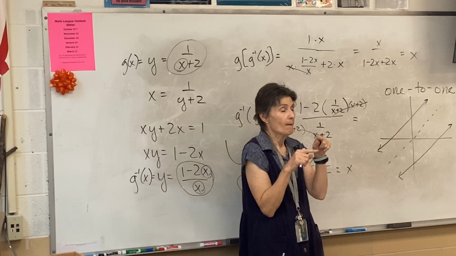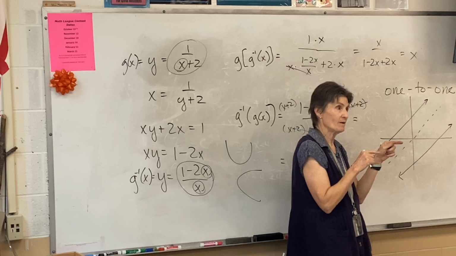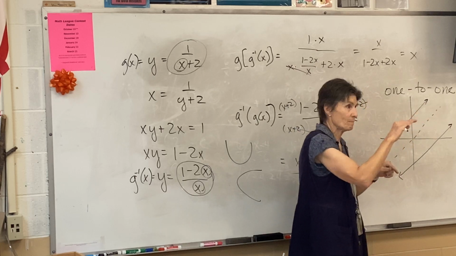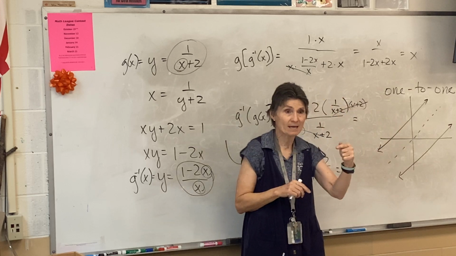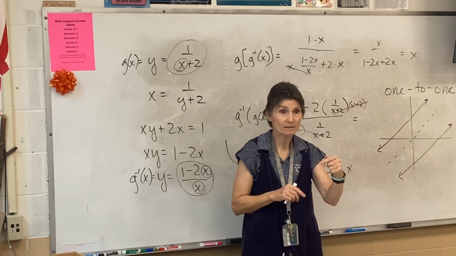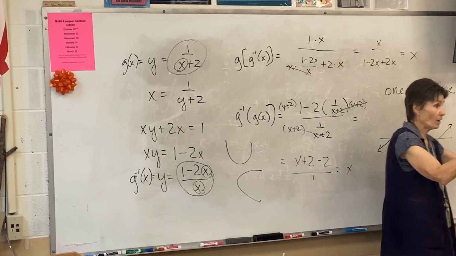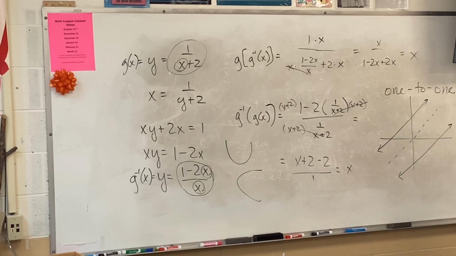But if the inverse is also a function, then the original y's didn't repeat because they became x's in the other one. So in other words, one x, one y, nothing is repeated. No x's are repeated, no y's are repeated if something is one-to-one.